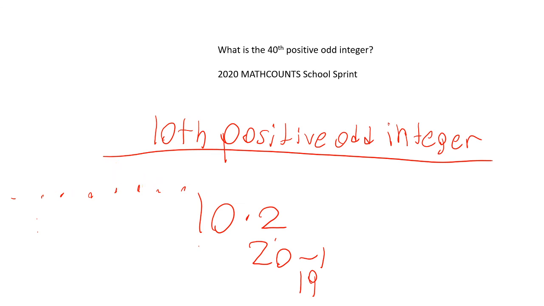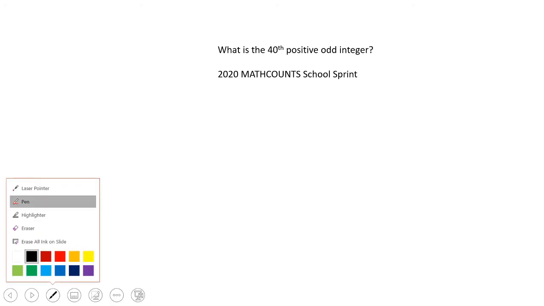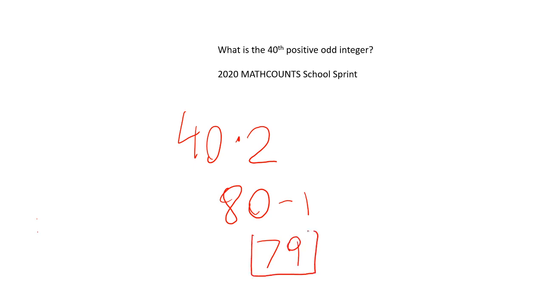Now let's just use it on our problem. Our problem is we're attempting to find the 40th positive odd integer. When I think of 40th, I use 40, and I multiply by 2. 40 times 2 is 80, and by the formula that we built, we can just do 80 minus 1 to get 79 as our final answer.